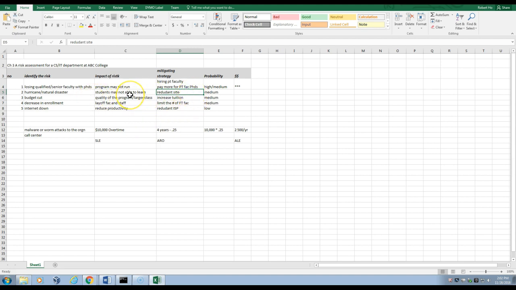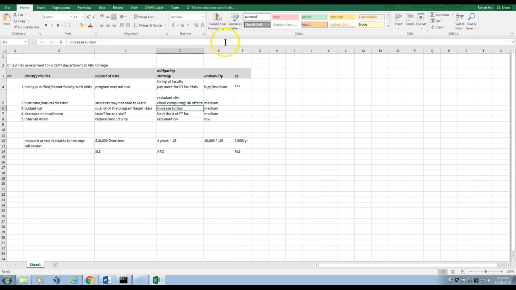Or another mitigating strategy, maybe you can start doing cloud computing, right? Perhaps the organization needs to put the Blackboard offsite.